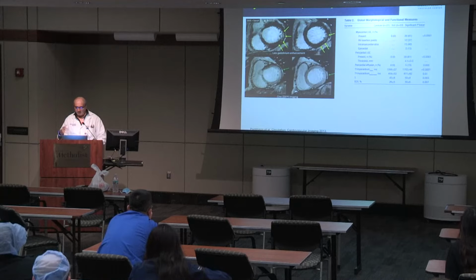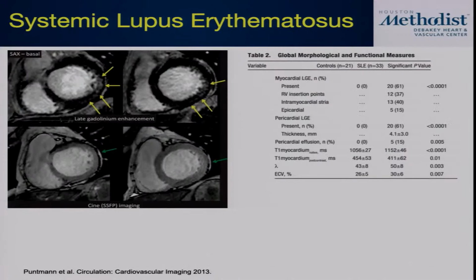Okay, let's move on to another condition. This is another inflammatory condition, systemic lupus. This is just a small series out of Europe, where they looked at the abnormalities you might find on cardiac MRI in patients with systemic lupus.